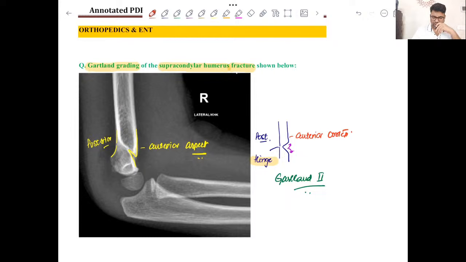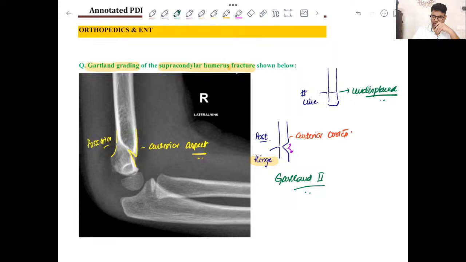Suppose we have a fracture where we can see the two bony parts undisplaced. There is no displacement at all, although we can clearly see a fracture line here.